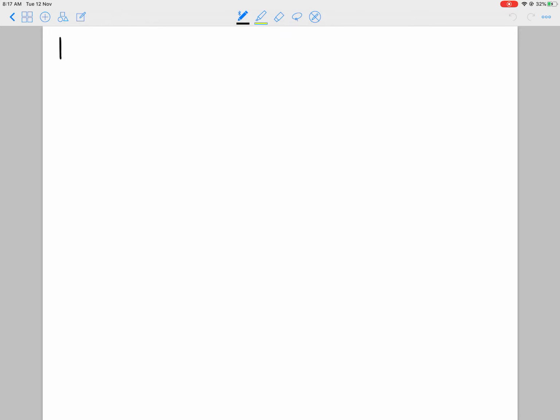Okay, part B is very similar. So now it's from 2 to positive infinity. It's the same integration, so what we do is the same.